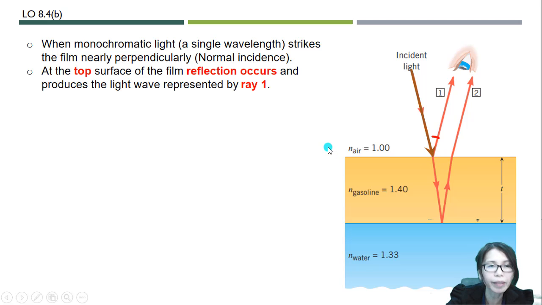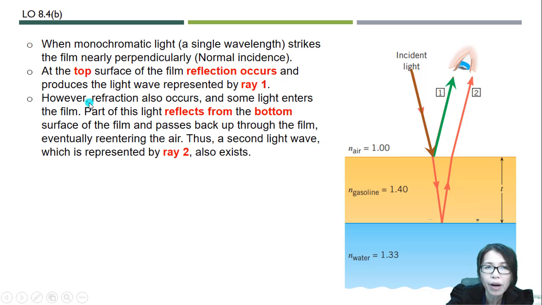What happens? At the top surface of the film, reflection will occur and produce a light wave represented by ray 1. So it will be reflected, forming ray 1 at the top surface of the thin film. However, refraction also occurs.